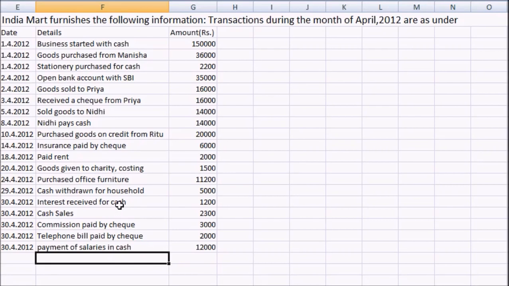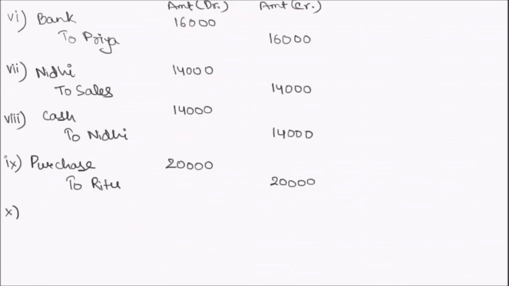Now as it is a payment by check, there would be a decrease in bank account, so the bank account would be credited because any decrease in asset needs to be credited, and as insurance premium is an expense, it needs to be debited because it has increased.